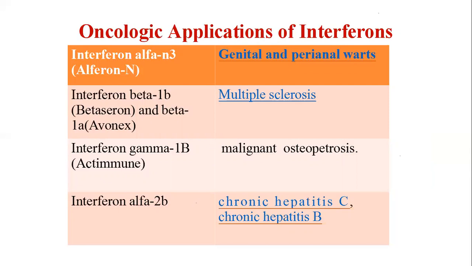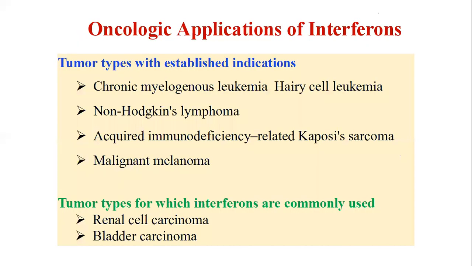Interferon gamma 1b can be used for malignant osteopetrosis. Interferon alpha 2b is used for chronic hepatitis C and hepatitis B.